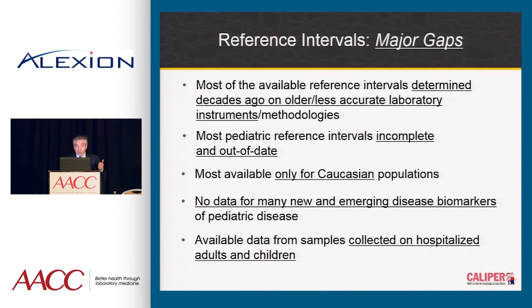As I mentioned, to diagnose and interpret alkaline phosphatase, and many other tests that we do in a clinical lab, you need to have appropriate reference intervals. Unfortunately, there have been huge gaps in this area, in the sense that reference intervals used are either incomplete, especially for children. They're based on a small number of samples. In most cases, studies used hospitalized or outpatient samples, and there were huge other gaps.